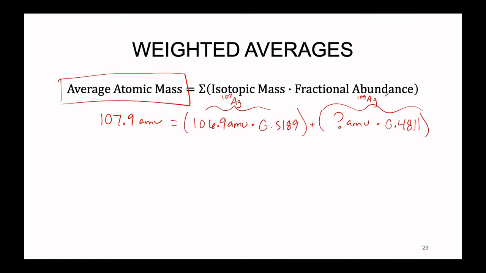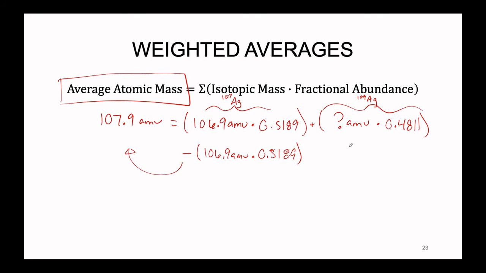All right, so algebraically, all we need to do is rearrange and solve for our question mark. In order to do this, first we're going to combine pieces and subtract to the other side. So I'm going to take our 106.9 AMU times 0.5189, the 51.89%, and subtract this whole piece to the other side.